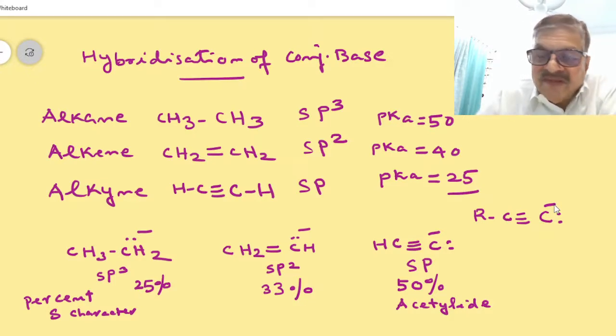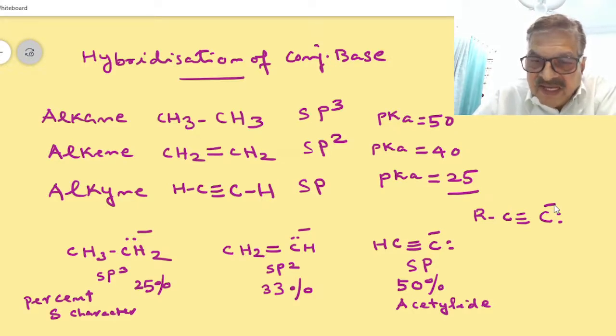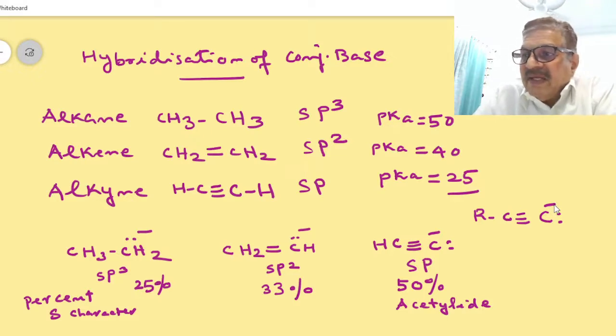Correct. So weak bases have strong conjugate acids. Therefore, the acetylide anion, which is a weak base, has a strong conjugate acid, acetylene. Therefore, acetylene is a stronger acid here.